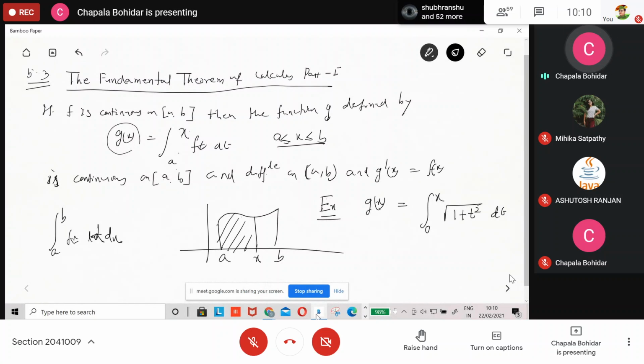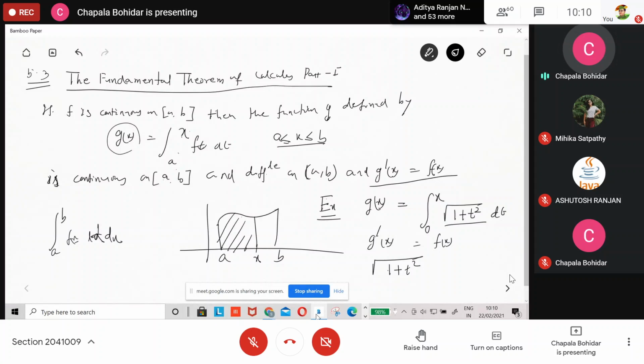Write down: find the derivative. g(x) is equal to this value, then find the derivative of this. g'(x) is equal to f(x) according to our definition. First you see that it is the integral from 0 to x of 1 plus t squared. It is continuous on that interval.